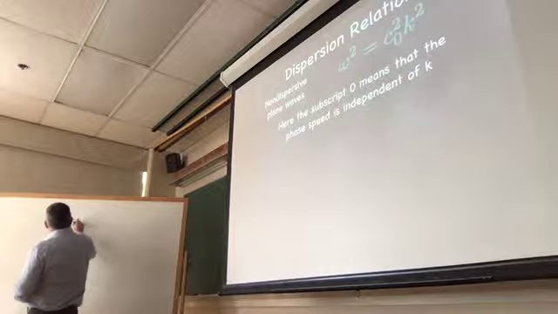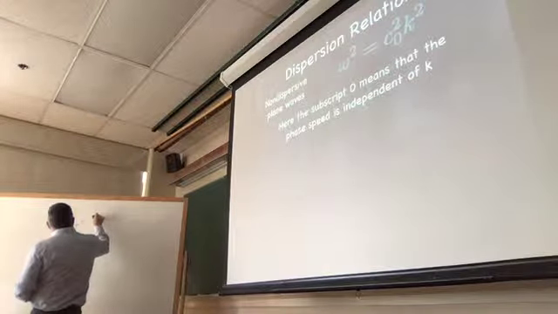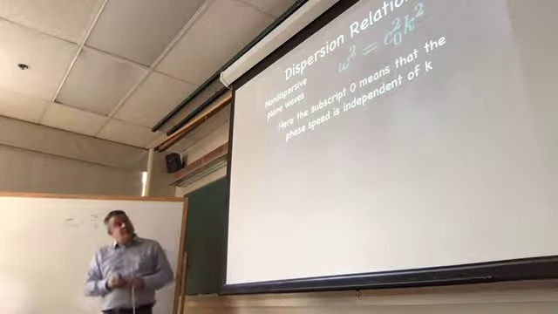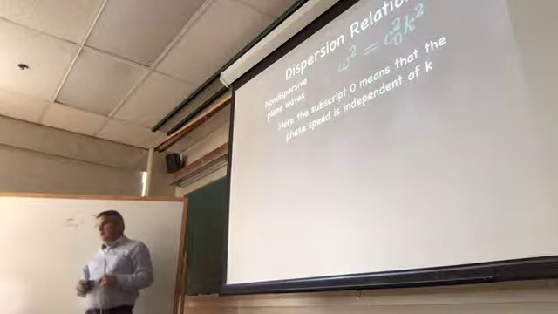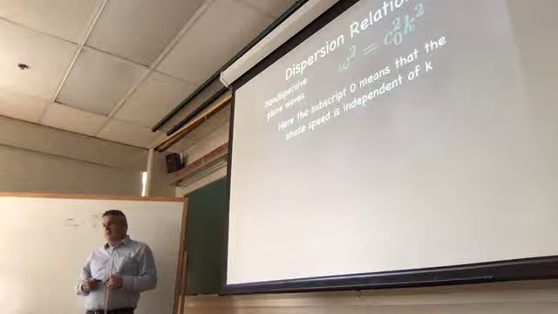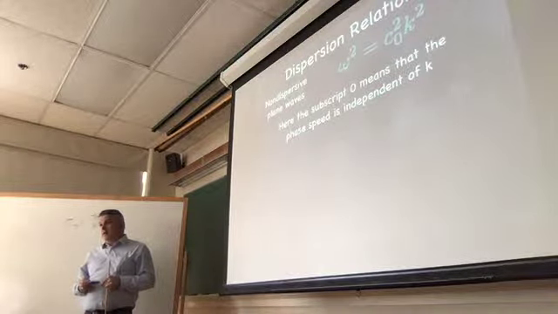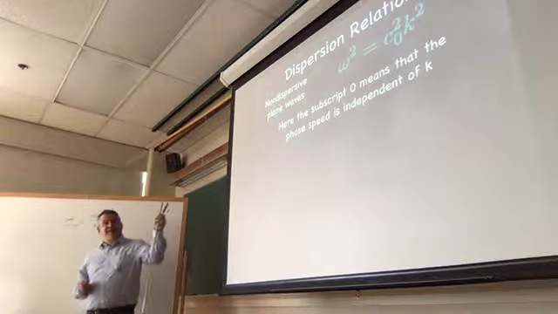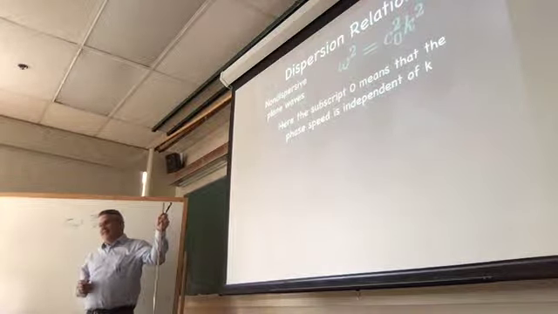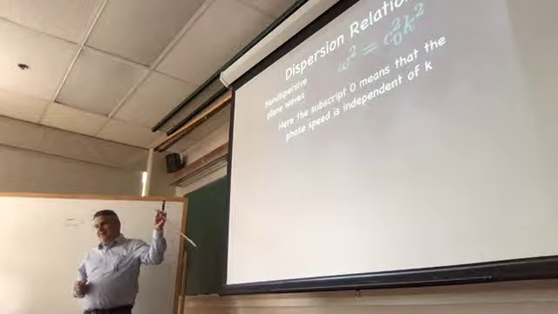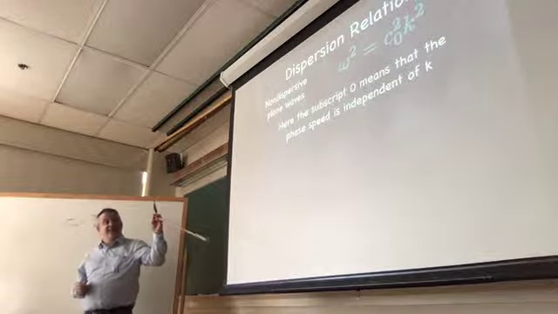Phase speed is omega over k. So what's that? How do I get omega out of that one? C0 plus or minus C0.